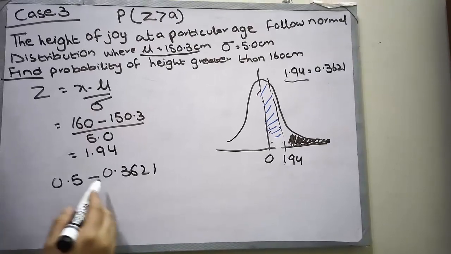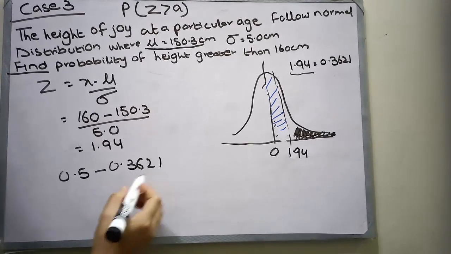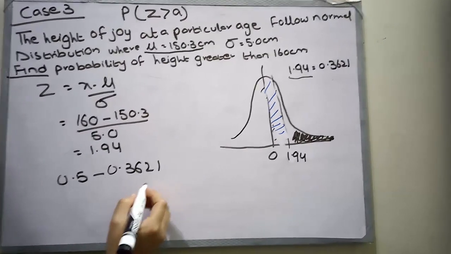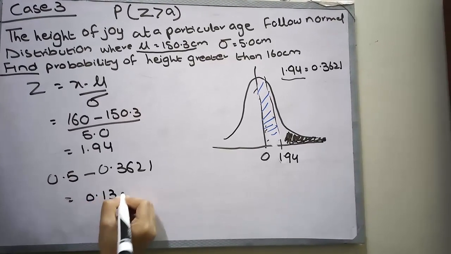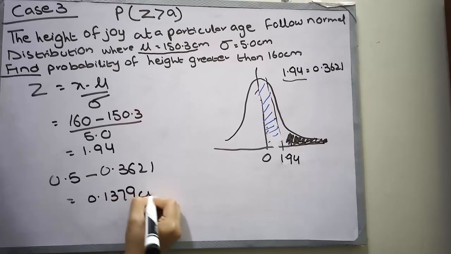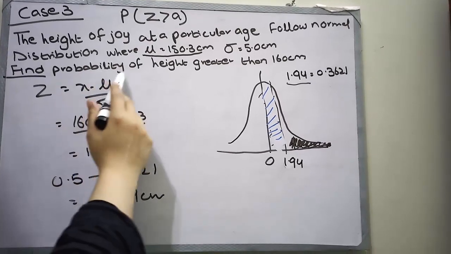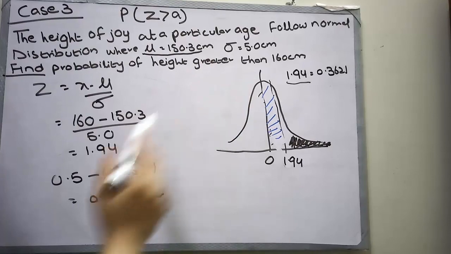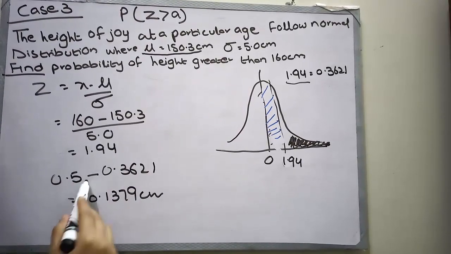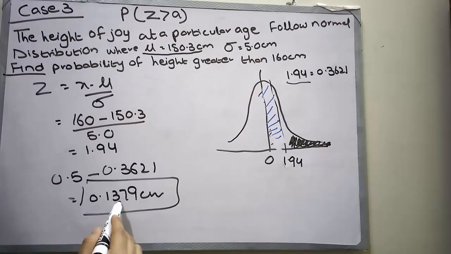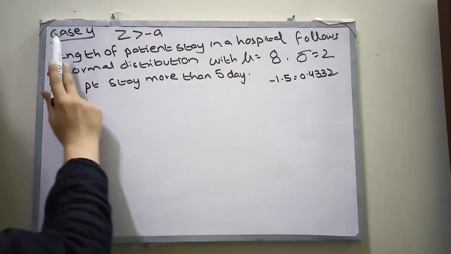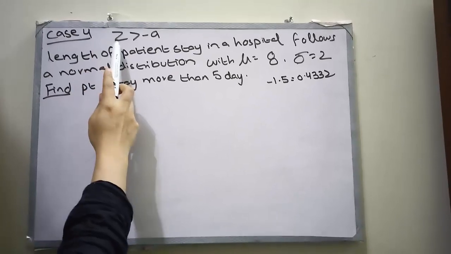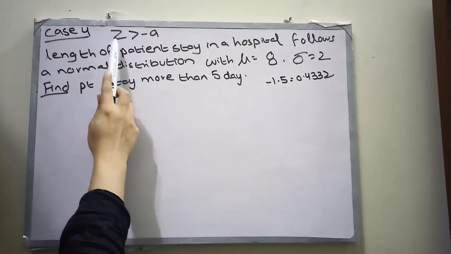So 0.5 minus 0.3621 would be equal to 0.1379. So we can say that the probability of height greater than 1.94 is 0.1379.